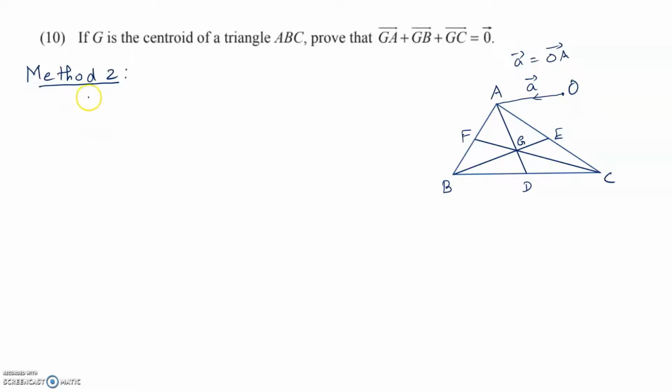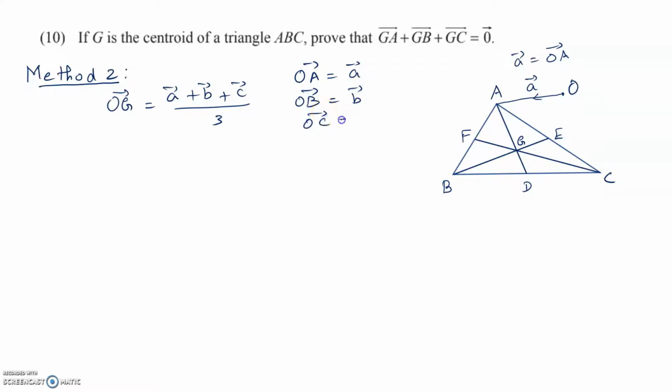Now, we know that if this is the concurrent point, the centroid, then we have our OG vector to be vector A plus vector B plus vector C divided by 3, if OA is equal to vector A, OB is equal to vector B, and OC is equal to vector C. Now, let's look at our vector GA plus GB plus GC vector.